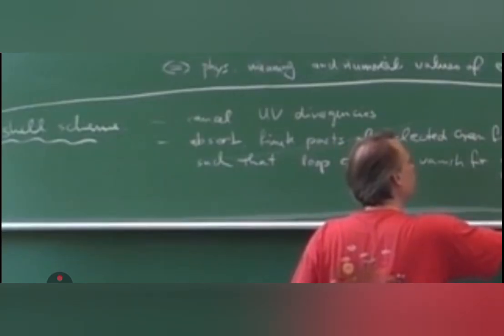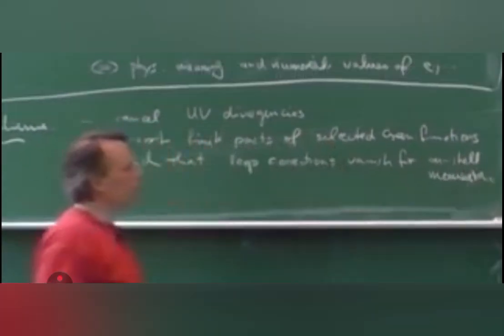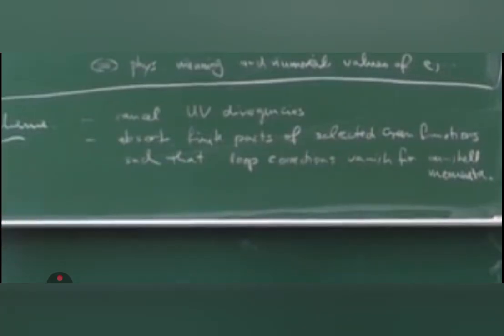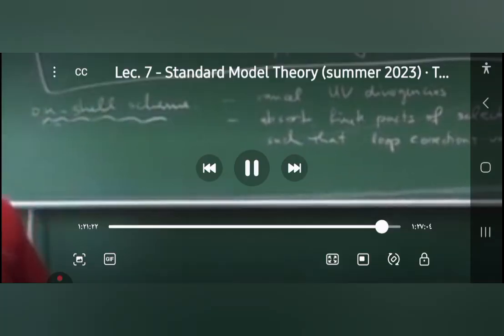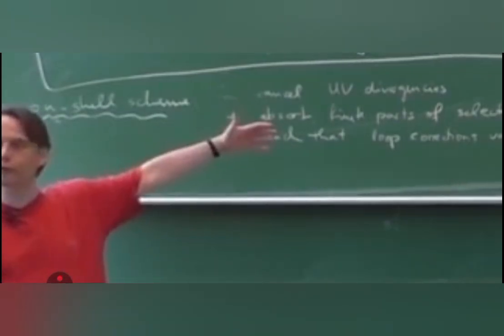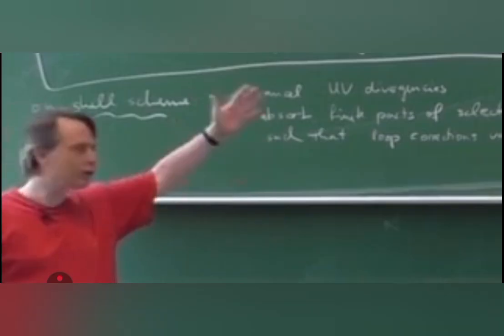That is the point. So we simply choose the finite part such that after renormalization the loop corrections are 0. That is a very simple and a very nice choice. Of course we cannot make all the loop corrections to everything 0, but for selected cases and for selected momenta we can make it vanish, and that is the on-shell scheme.